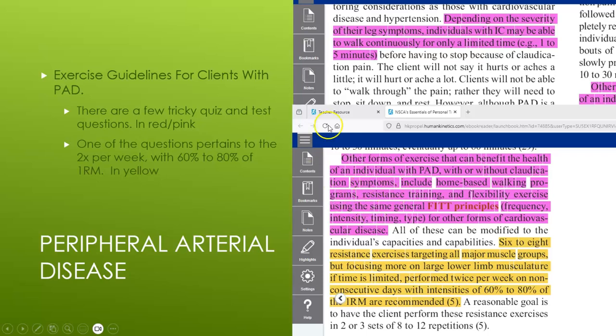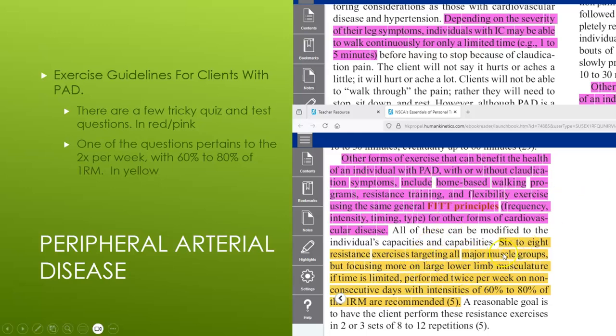So use caution when you read through some of the questions specific to peripheral artery disease, and I'll ask you to reflect back to this part of the book because it can be confusing in terms of what they're asking and the answer that they want. You may have to just sit down and parse out the questions side by side with these passages in the presentation because I think it's a little too tricky. It doesn't need to be that tricky, to be quite honest.